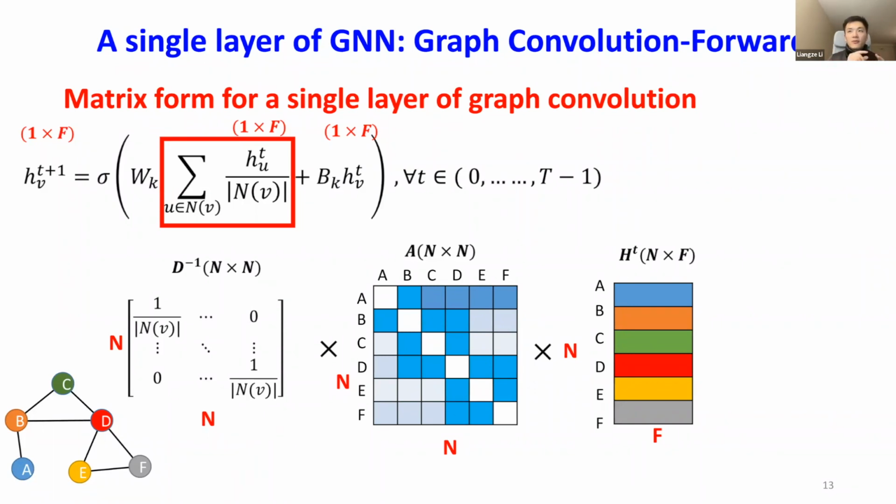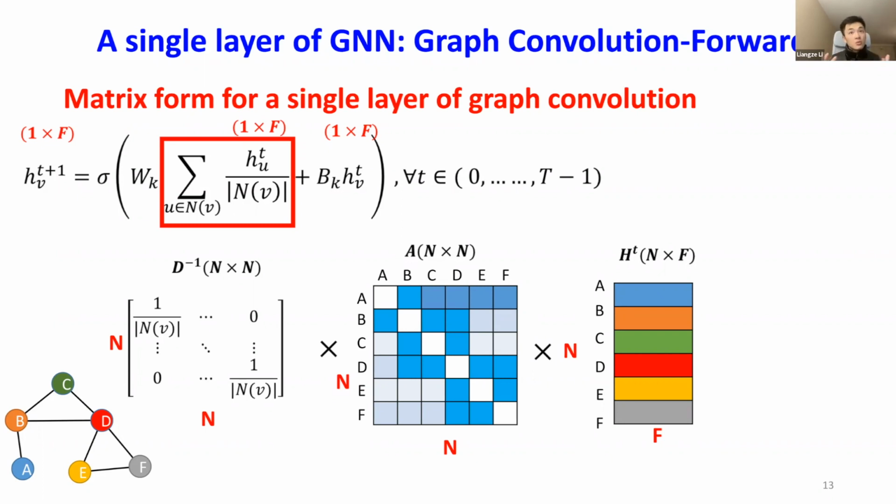So the first row, second column cell in the resulting matrix is a combination of the second feature of all nodes which are A's neighbors, right?